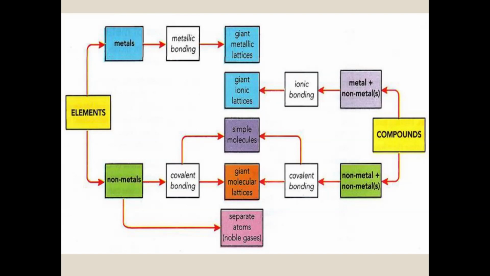And the other nonmetals are noble gases, which are already stable, so they don't need to form bonds with other atoms. The covalent bond may form simple molecules or a giant molecular lattice. A nonmetal can bind to another nonmetal causing a covalent bond.